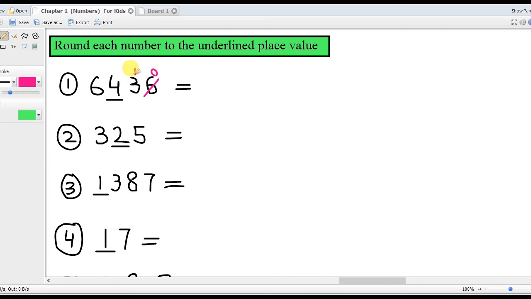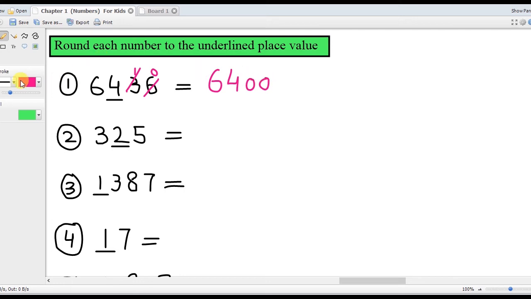Now this number is 4, which is less than 5. So that would remain. We are just going to round down. There is no adding in the previous digit. So this would become 6400.